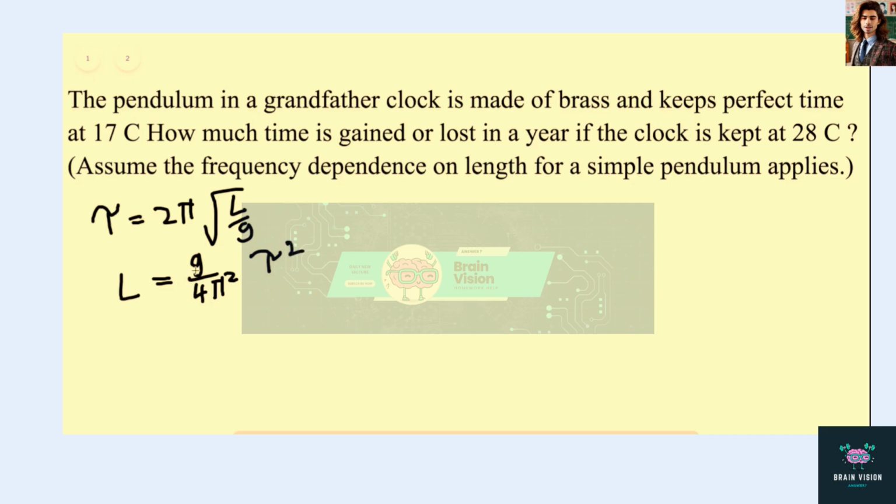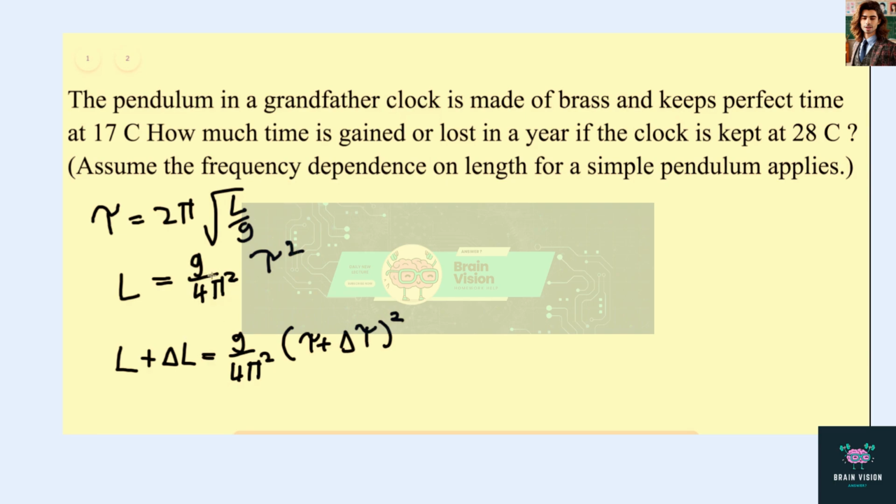And so if we perturb this equation and give length a delta L, a small increase in the length because of the small temperature increase, then we expect to see a small increase in the period. So length plus delta L is equal to G over 4 pi squared, tau plus delta tau, squared.